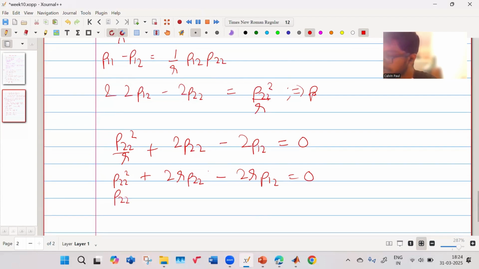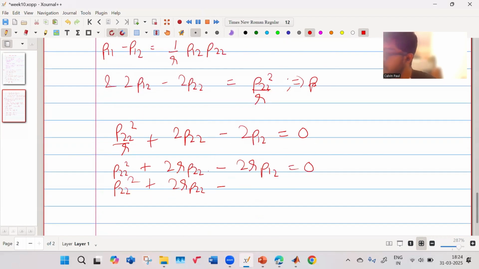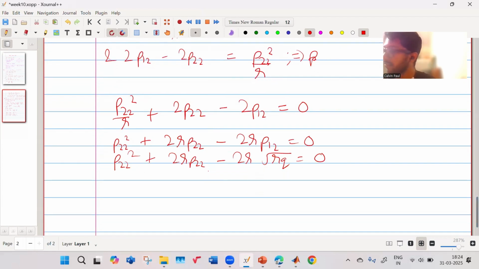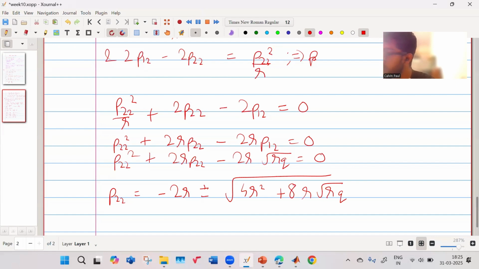So we get p22 square plus 2r p22, and we will substitute the value of 2r p12, with p12 being square root of r cubed, so minus 2r square root of r q is equal to 0. So what we get, p22 is equal to minus 2r plus or minus square root of b square, that is 4r square minus 4ac, so plus 8r square root of r cubed, upon 2.